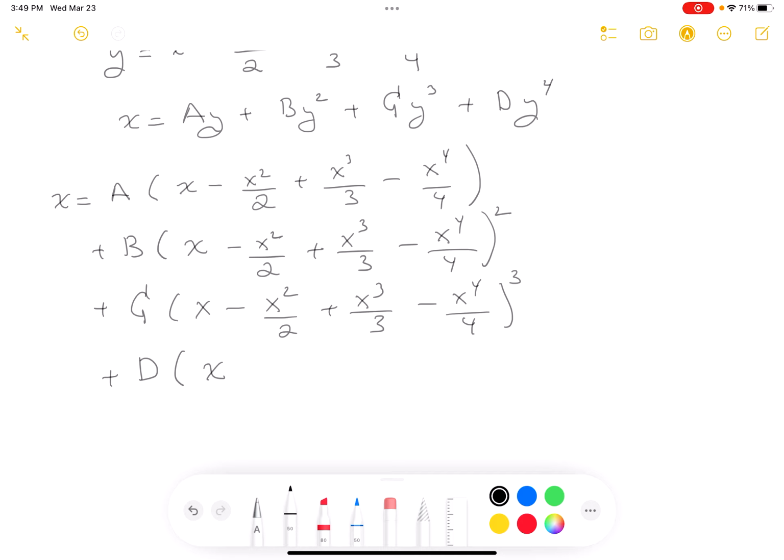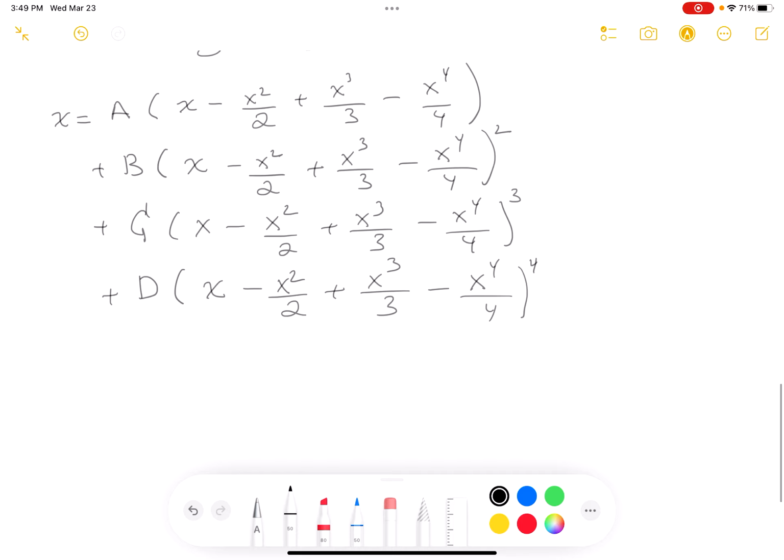It gets tough, right? Well, we're going to equate coefficients now.